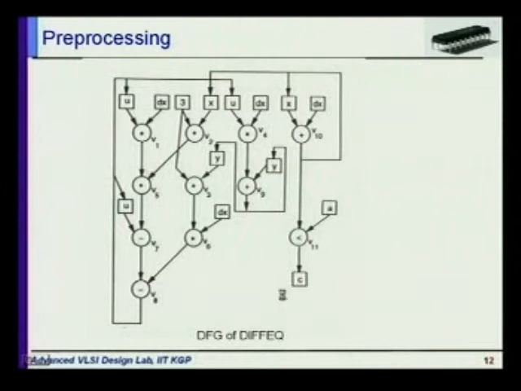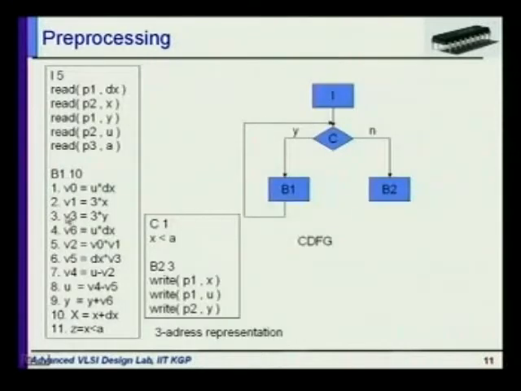This operation basically performs the same operation that was represented as a single expression, and each basic block will consist of this type of operations, and it stores the data dependency among these operations. As you understand in the behavior, V3, V6, V2 basically perform V0 star V1, and now V0 is computed here and V1 is computed here. So unless and until V0 and V1 are available, you cannot execute operation number 5.